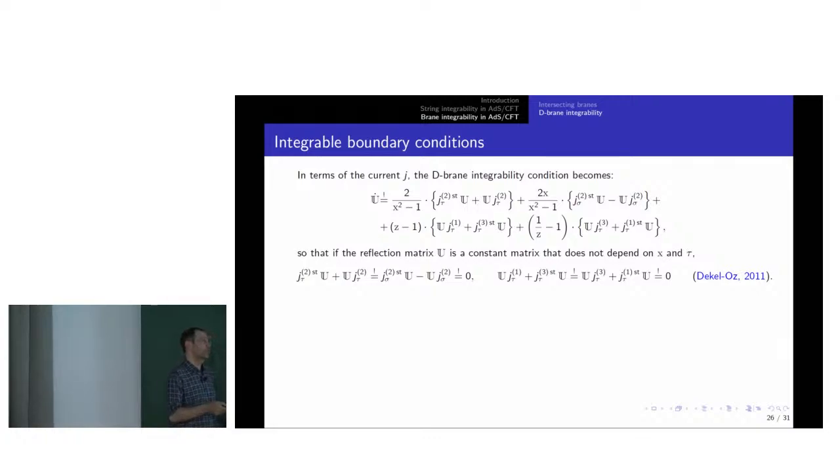Let me connect with the work of Dekel and Oz. Of course, you see that if we include the fermions, we have more terms here. This is already very difficult to solve, and you'll see that it leads to a complicated solution.